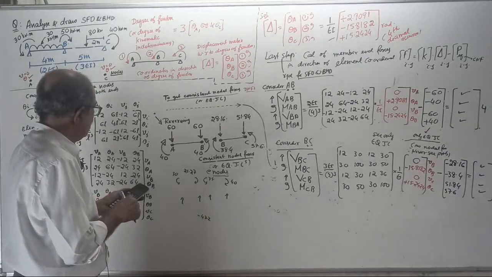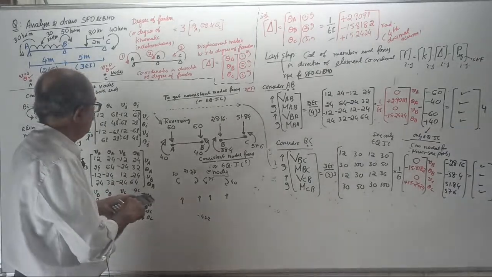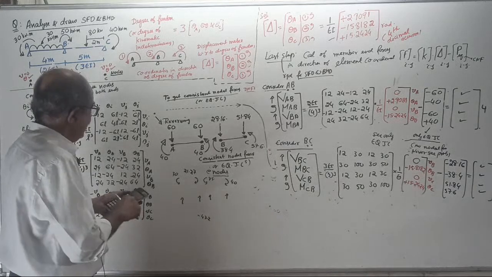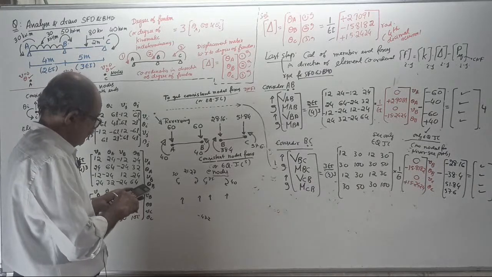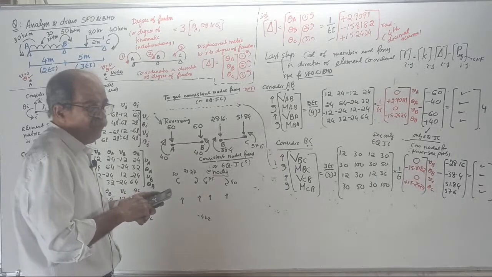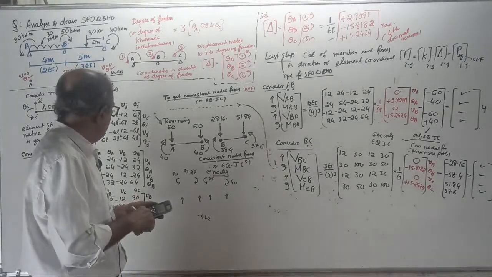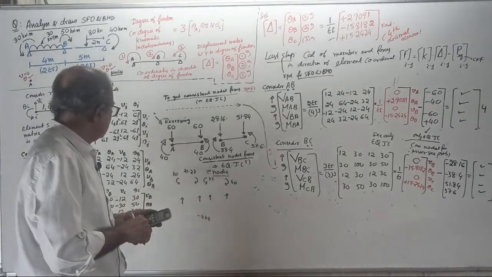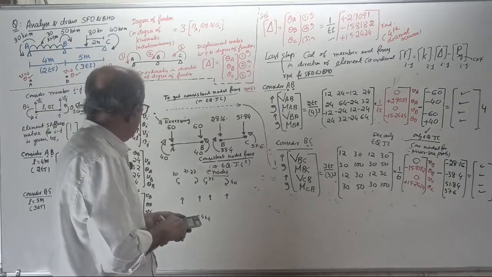Six better. Total couple is 50 there. There is some error in the calculation. I don't know where the error is. Slight error I am getting. Error cannot come.